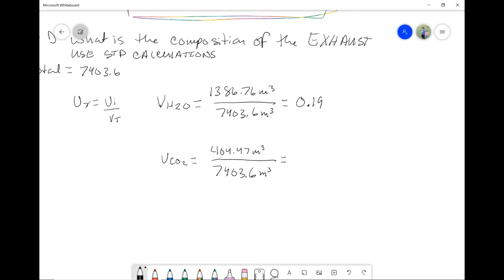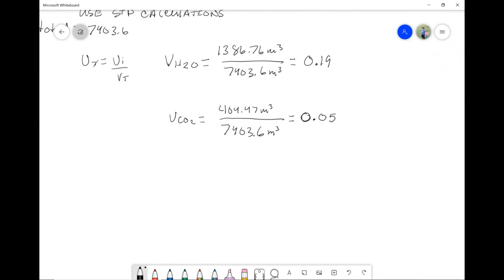And 404.47 divided by 7403.6 is 0.05. So 5%.